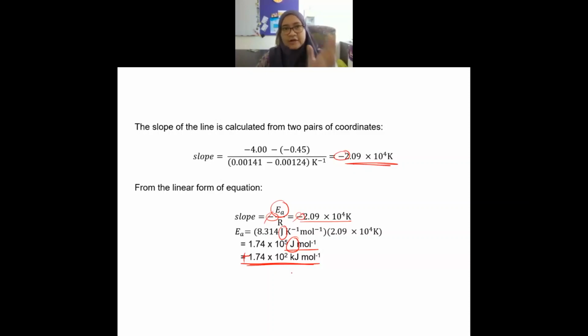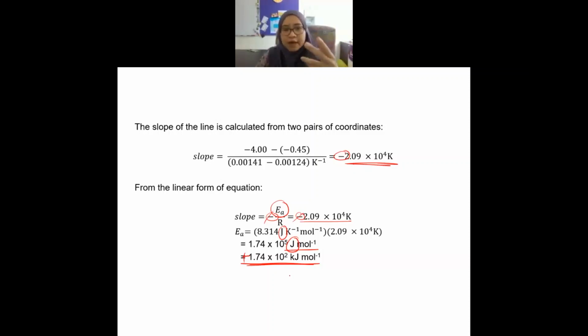Say later on, it asks you to find the temperature. The EA is given, so you have to be careful with that EA. You must make sure that the unit is in J. You have to make sure the EA value given is in the right unit, because you want to find the temperature, or you want to find the rate constant.